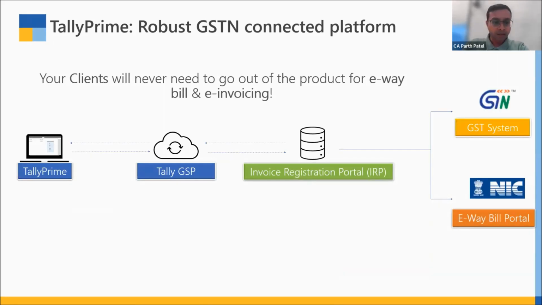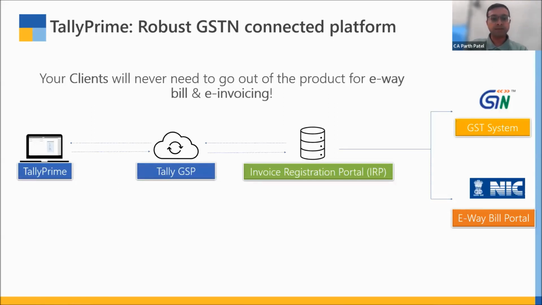So the moment we pass some entries, it goes to the Tally GSP, and from Tally GSP, it routes to the IRP for invoice and the e-way bill portal, and the required information gets travelled back to the TallyPrime, and in TallyPrime at the sales entry level, all the required statutory details are saved. So this is a kind of experience wherein your clients will never go out of the product.